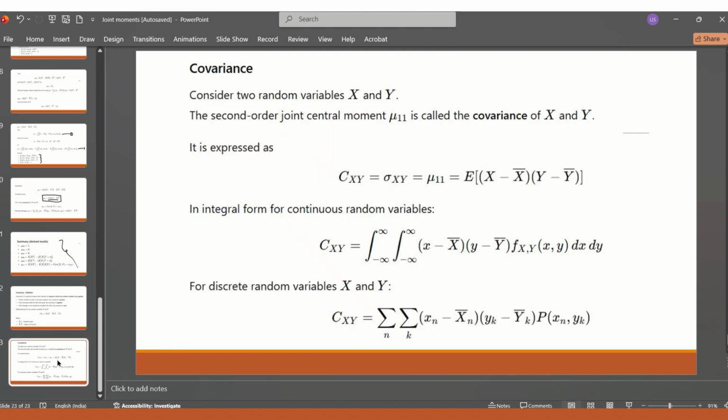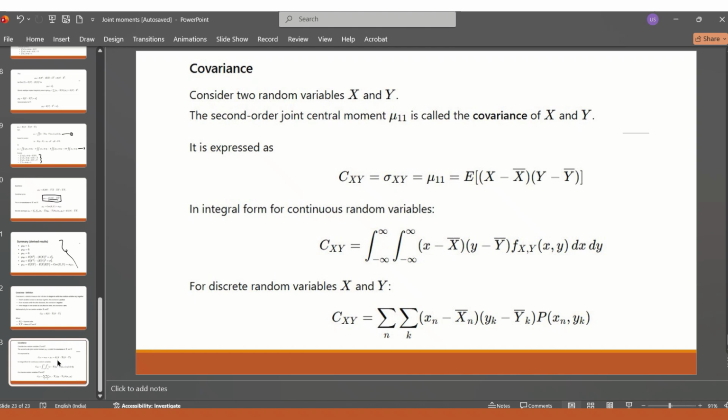Covariance is the second order joint central moment; mu 1 1 is called the covariance of x and y. It is expressed as Cxy equals sigma xy equals mu 1 1 equals the expectation of x minus x bar into y minus y bar.